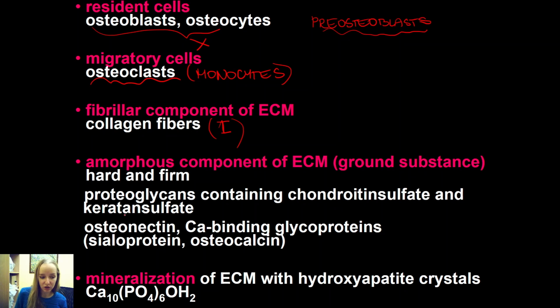And here we have structural glycoproteins such as osteonectin. You should remember this, osteonectin, that is connecting everything together. Or we have the sialoprotein osteocalcin. You're going to hear about them more in clinical practice, so remember these.